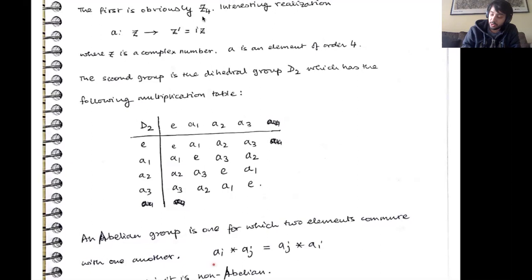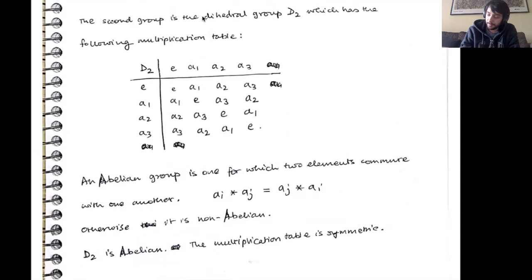So Ai star Aj is Aj star Ai. If this is the case, then this is going to be called an abelian group. Otherwise, this group is going to be called a non-abelian group. D2, as we see it, is still an abelian group.